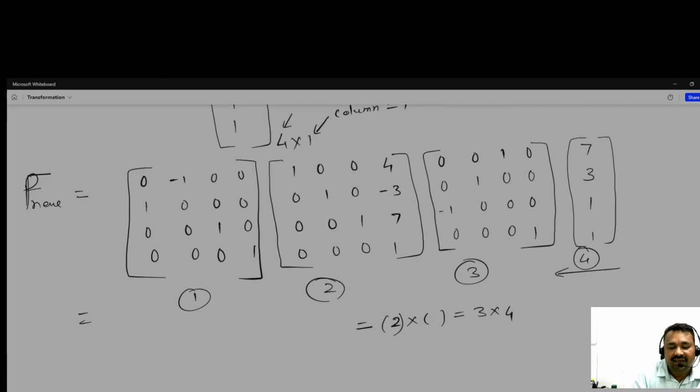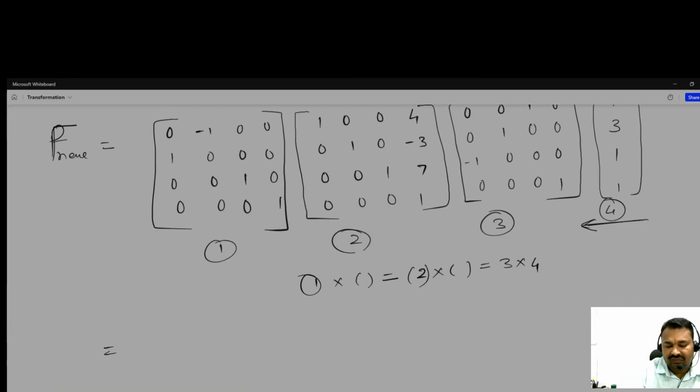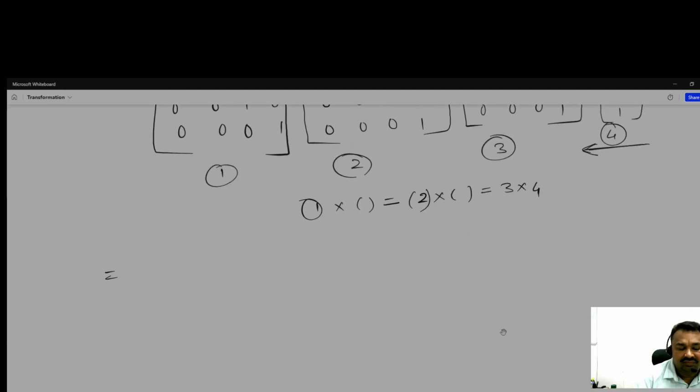Then what I will get will be multiplied by the first one. So this sequence I'm following. So what we get ultimately after multiplying these 4 matrices, we get 0 5 0 1.